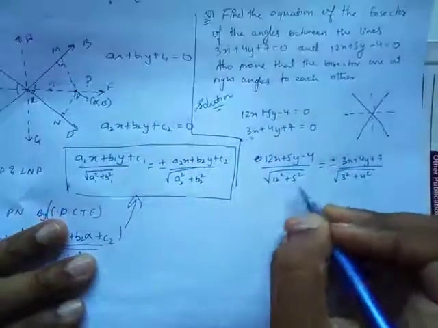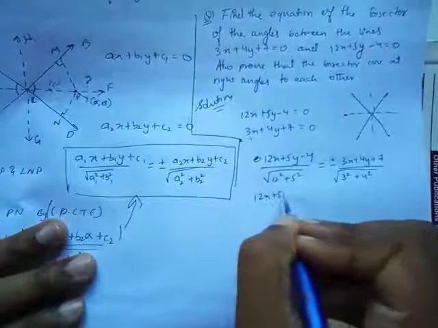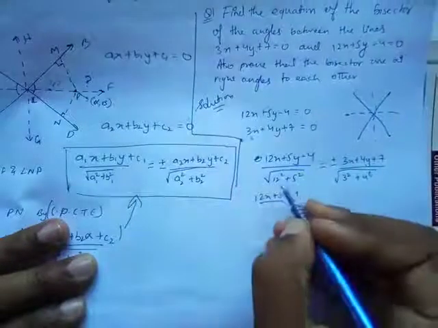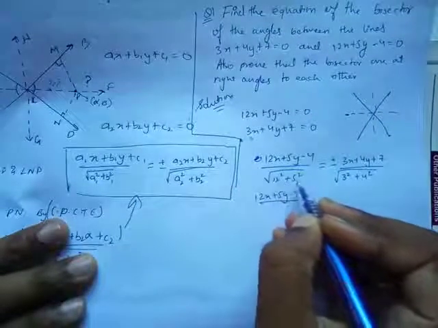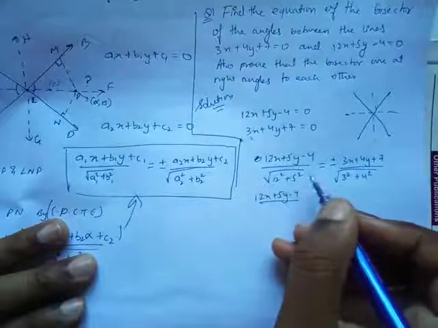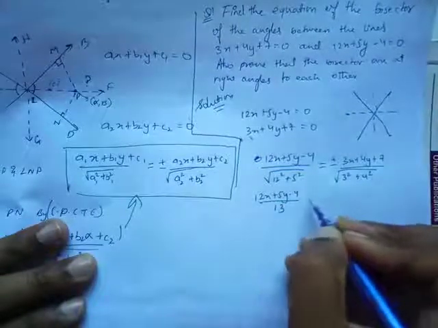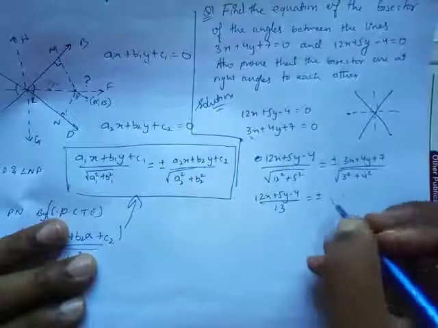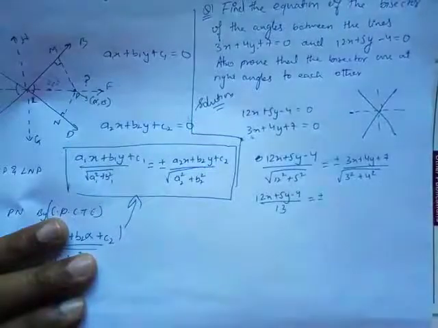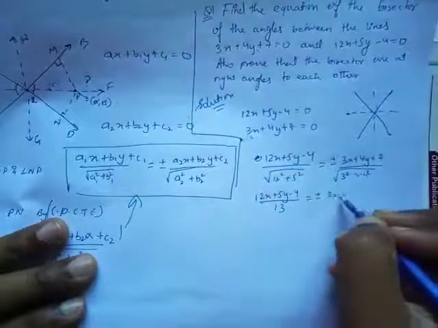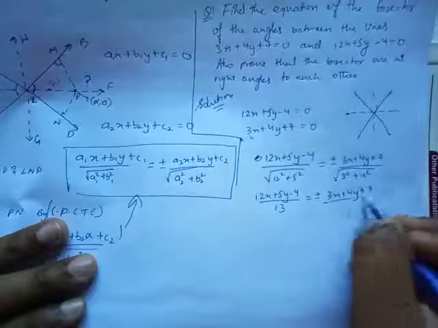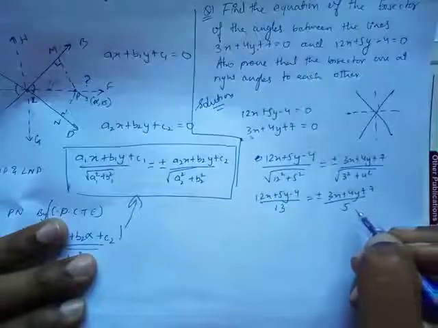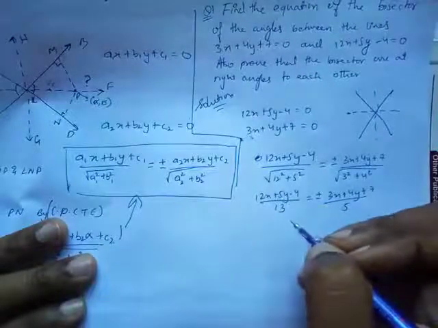Now I'll solve this out. 12x plus 5y minus 4 over, if you see, this is going to become 144 plus 25, that is 169, and then 13 is going to come out, equals plus minus, I have to take plus first and then minus also, 3x plus 4y plus 7 over 9 plus 16, that is 25. 5 is going to come out, so 5 can be shifted over there and get multiplied.